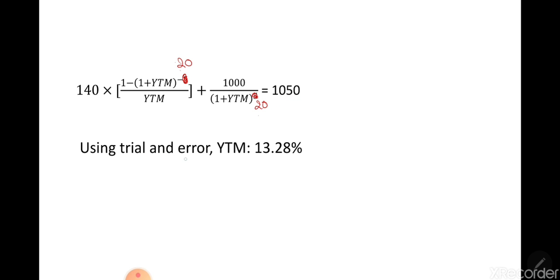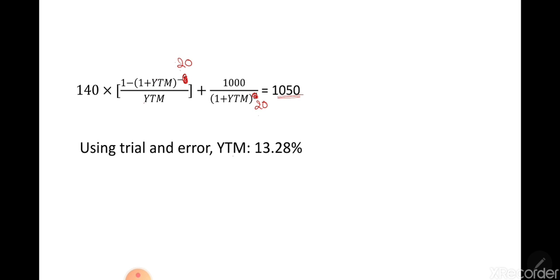So using trial and error, you can find out that the YTM is 13.28%. So if you plug in the rate of 13.28% at all three places, your answer will come very close to 1050. So if the investor holds the bond till maturity, he will get a return of 13.28%.